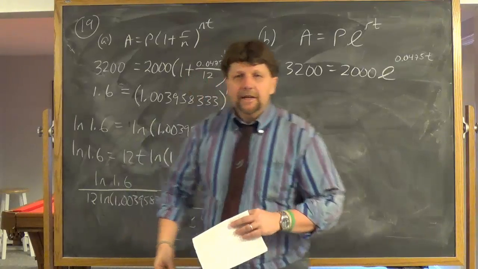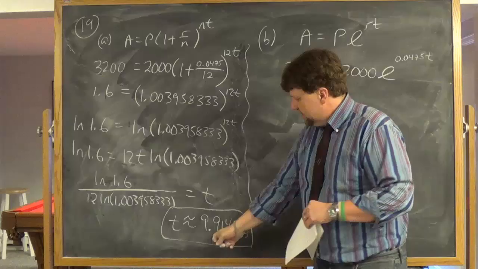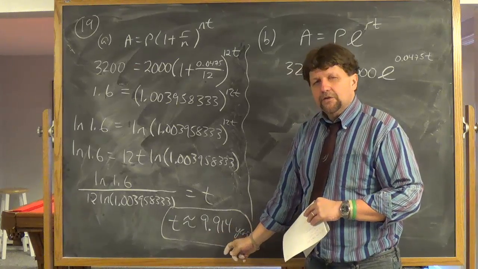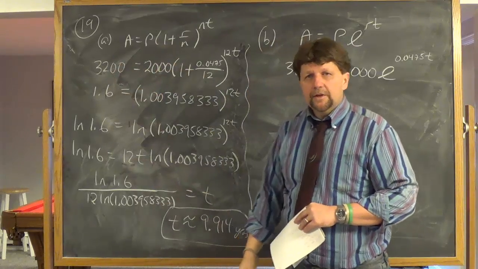So if it's compounded monthly, it's going to take about 9.914 years for Sarah's $2,000 to grow to $3,200.